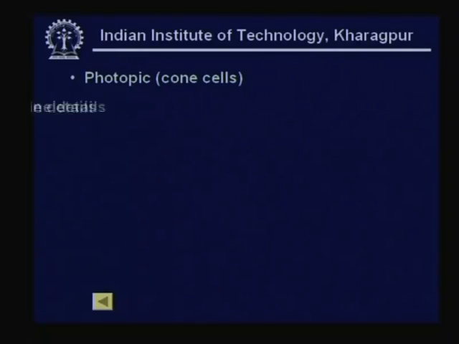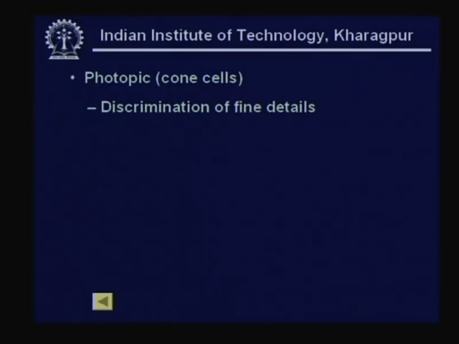The vision obtained with the help of cone cells is what we call photopic vision, and it is necessary for discriminating very fine details, and it is very useful for critical observation.